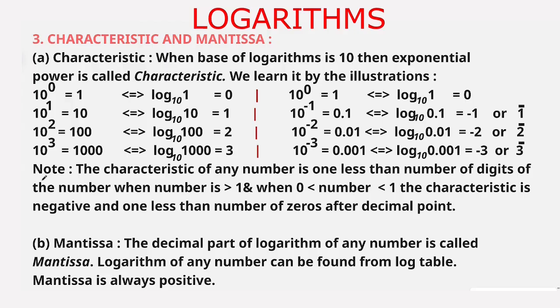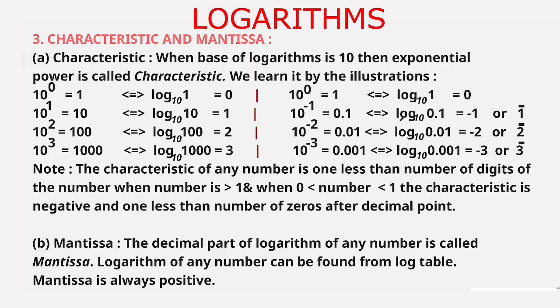Now, an important note. The characteristic of any number is 1 less than the number of digits of the number when the number is greater than 1. And when the number is between 0 and 1, the characteristic is negative, and 1 less than the number of zeros after the decimal point.